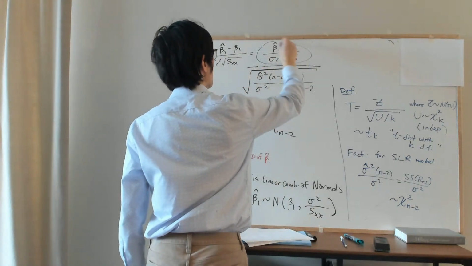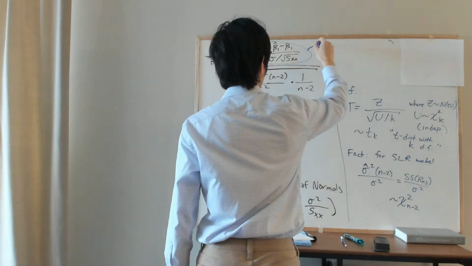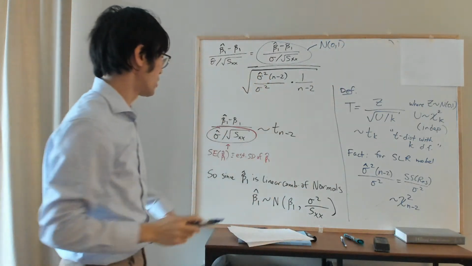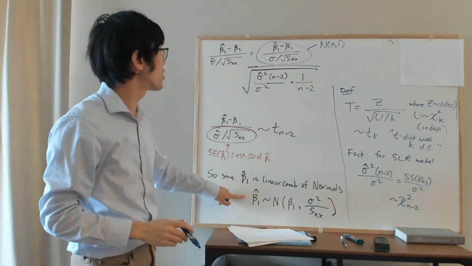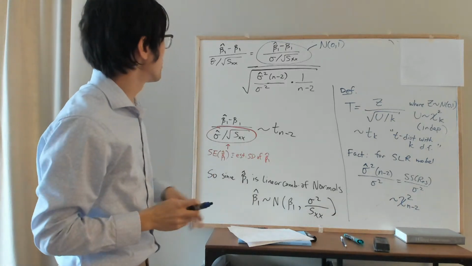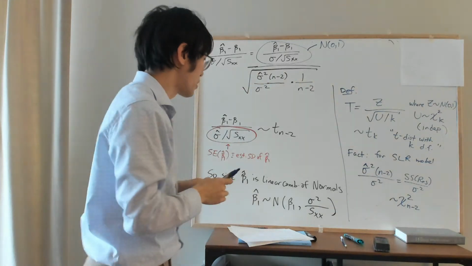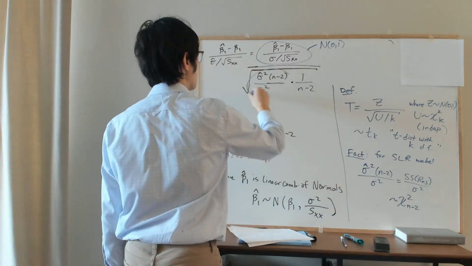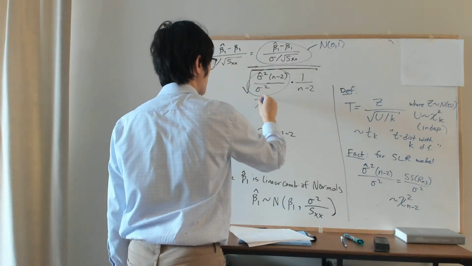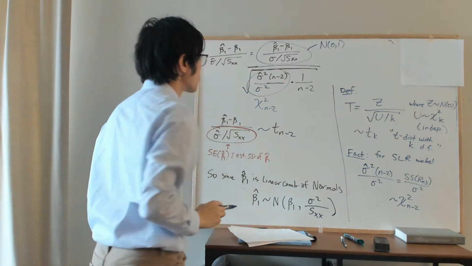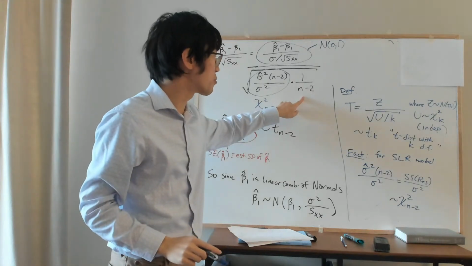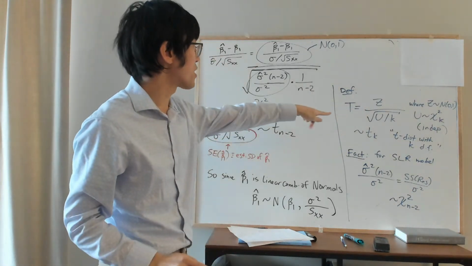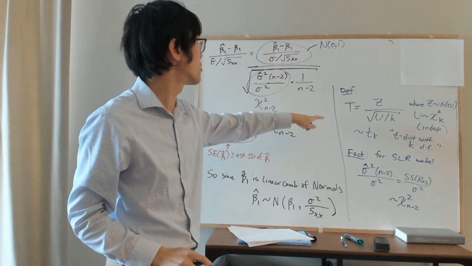So this top part, as we mentioned, is a normal 0, 1 from the fact about beta 1 hat. And then this thing in here, by this fact about the chi-squared, is a chi-squared n minus 2, divided by its degrees of freedom, n minus 2. And so now we have exactly the construction for the t distribution.